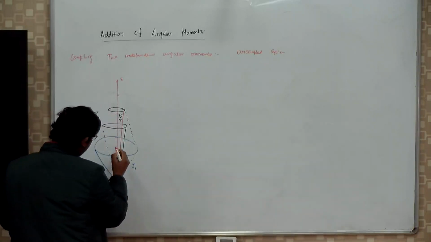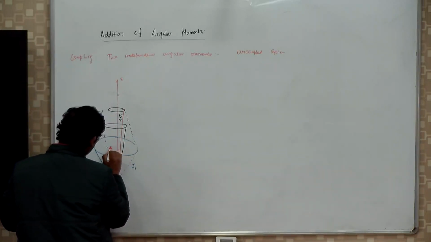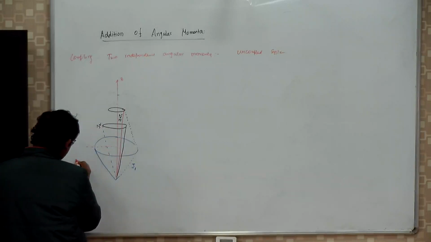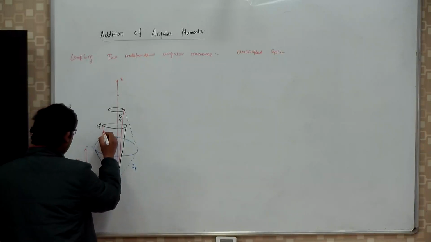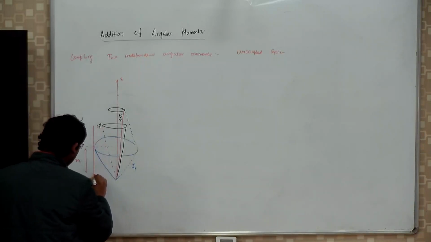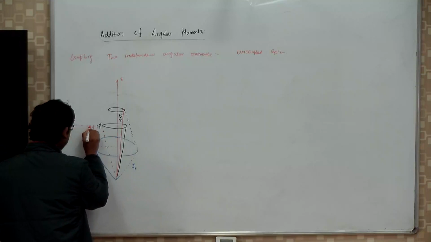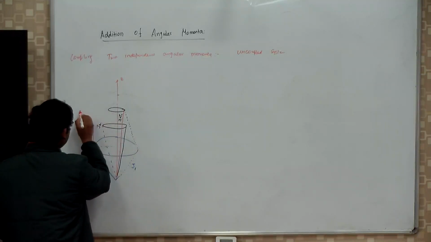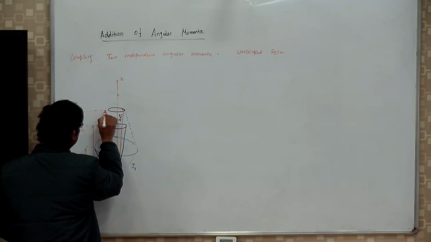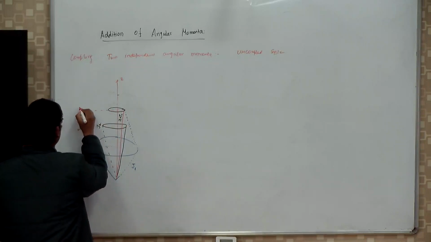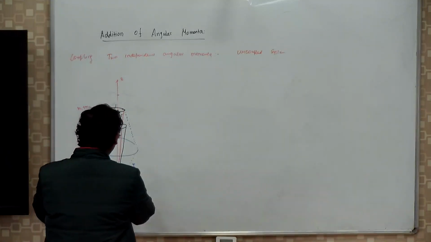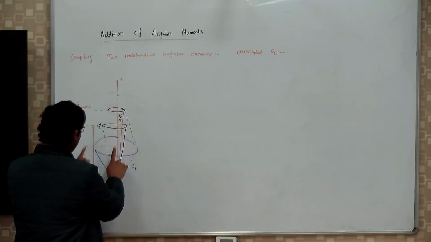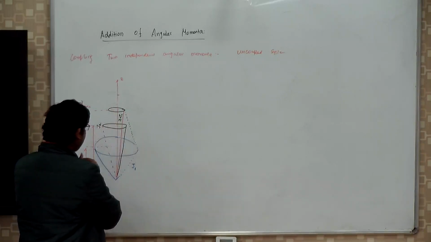The height of this one is m1, and this one is m2, and from here to here it gives m1 plus m2. J1 precesses in the z direction and J2 also precesses in the z direction.